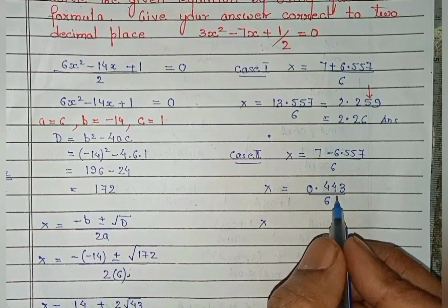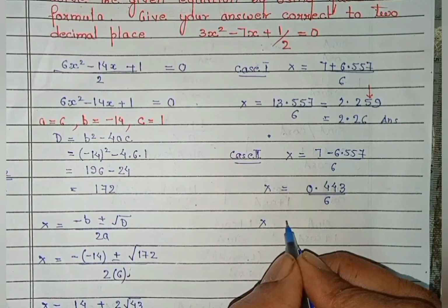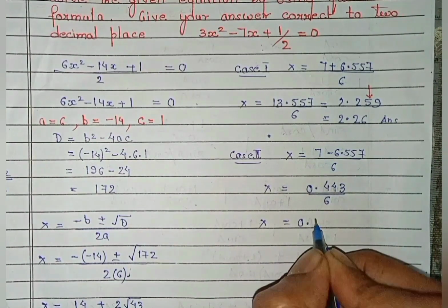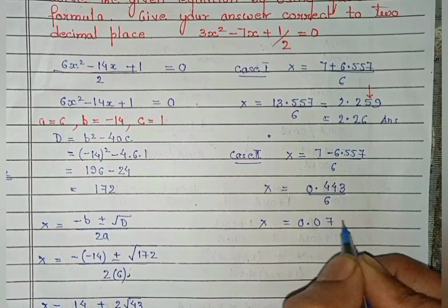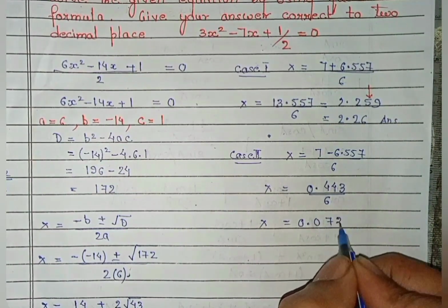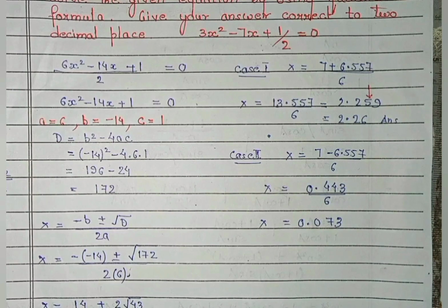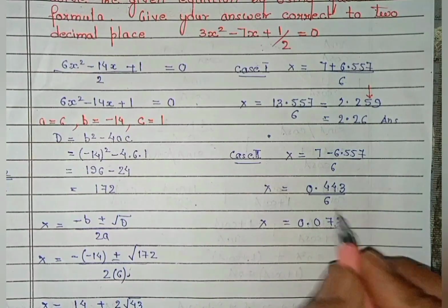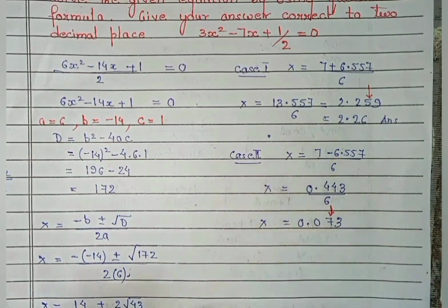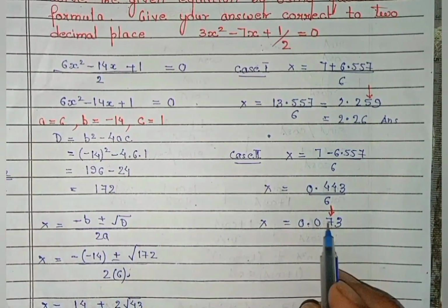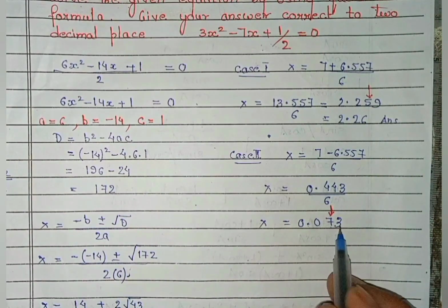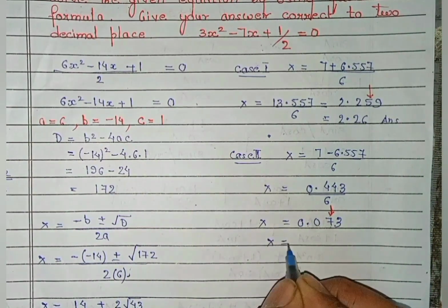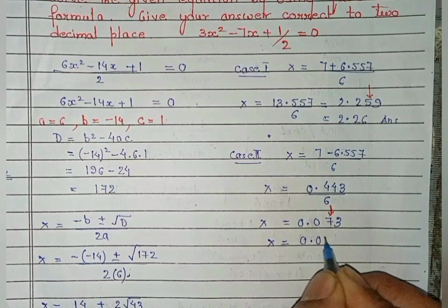Now when we divide it by 6, result will be 0.073. Now according to the question, we have to round it off to the second place of decimal. So after decimal, this is the first place, this is the second place, so we have to round it off over here. After this, the number is less than 5, so result will be 0.07.